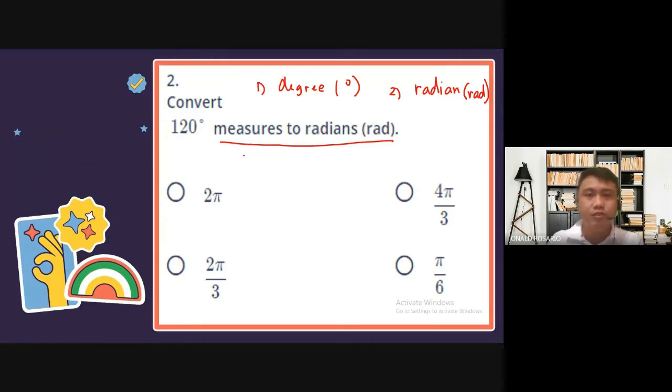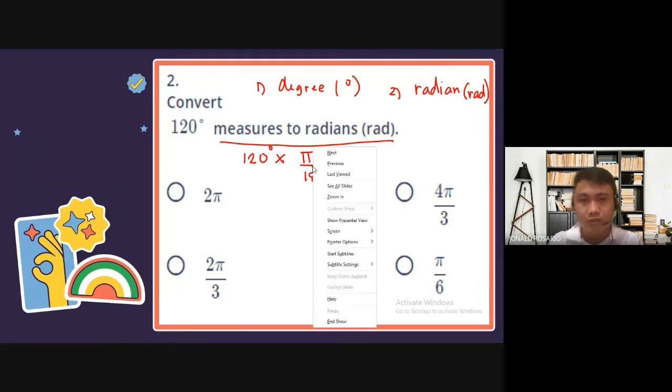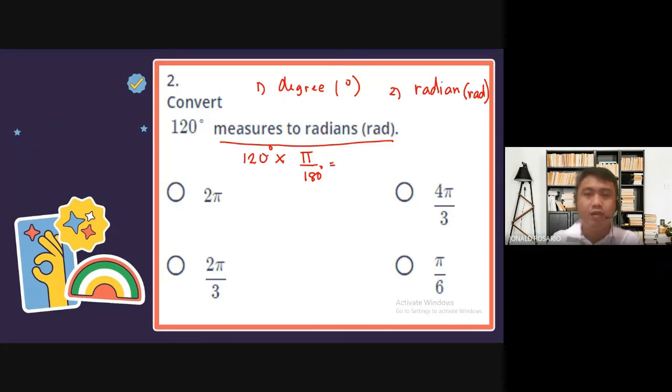If you are converting degree to rad, mag-multiply lang tayo ng pi over 180. Again, this is also based on the discussion of your module. So, i-cancel natin, of course, yung degree.